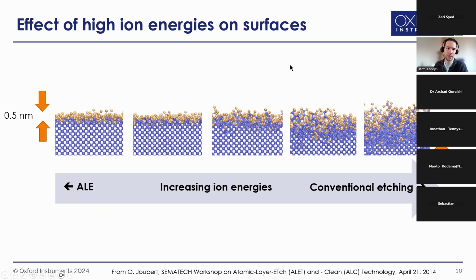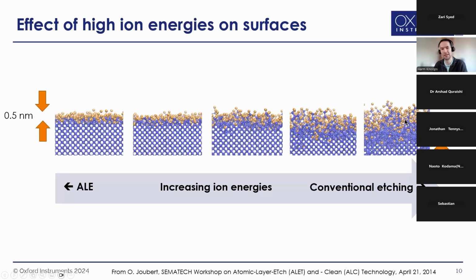One thing I would like to pick out is the effect of the ion energies in the ion step, and one trend where ALE is beneficial is to use relatively low ion energy. In conventional etching, you typically use relatively high ion energies, and as you see in these simulations from this nice presentation, you can amorphize the top layer, and for many devices, this is actually an undesired effect.